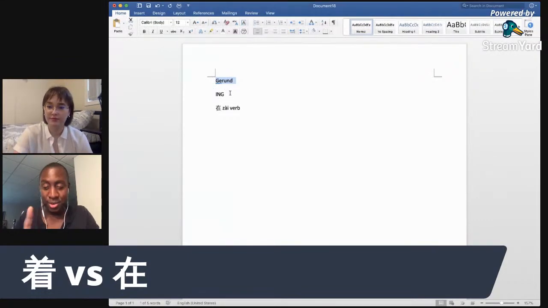Not sure, don't quote me on that grammar because I don't like grammar, but it means we're doing something right now. We're in the middle of it. So Zai plus verb. If you take that same verb and put Zhe after it, that also is gerund. You also are doing the verb right now.